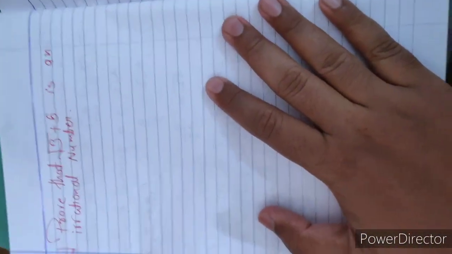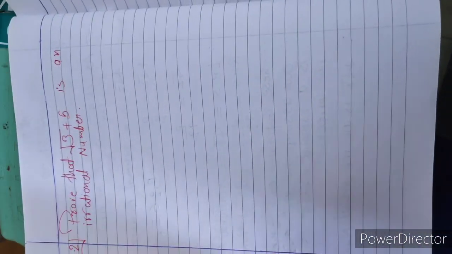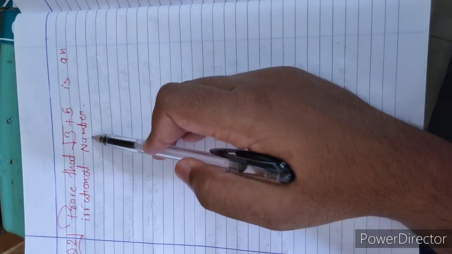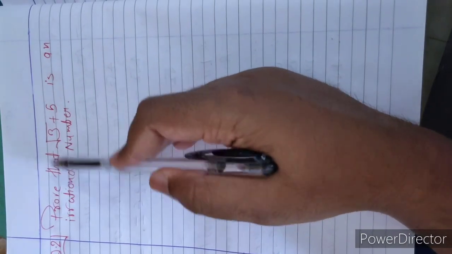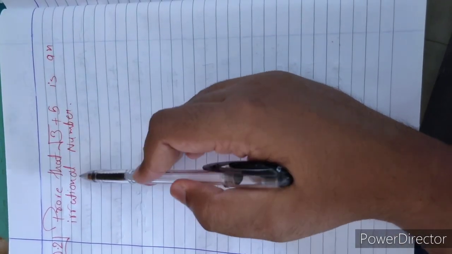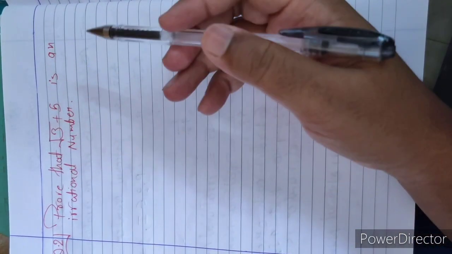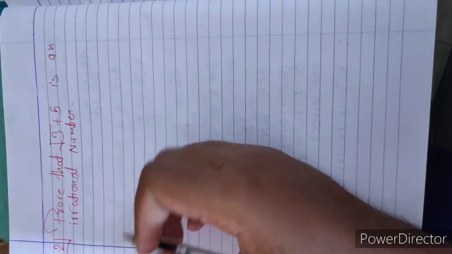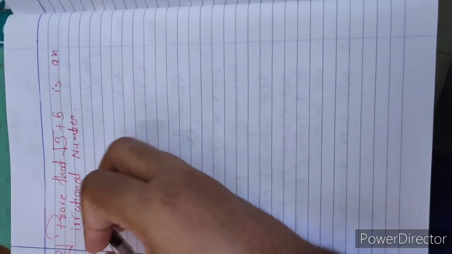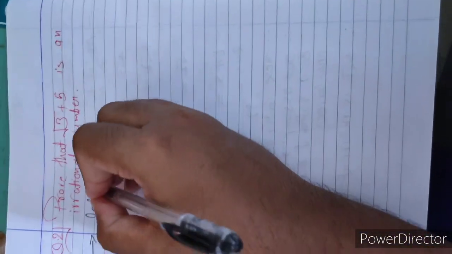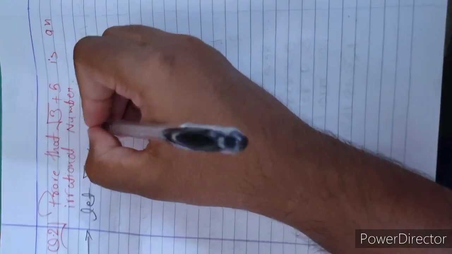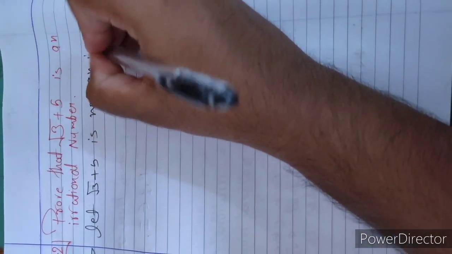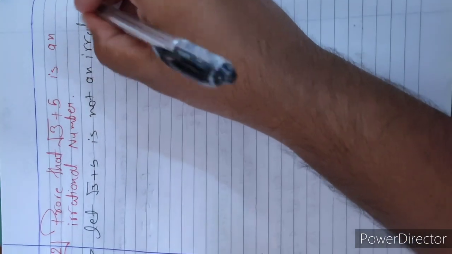Focus. What is given here? Prove that root 3 plus 5 is an irrational number. Here again we have to show that root 3 plus 5 is an irrational number. We know that root 3 is an irrational number and 5 is an integer. So first of all, let root 3 plus 5 be not an irrational number.